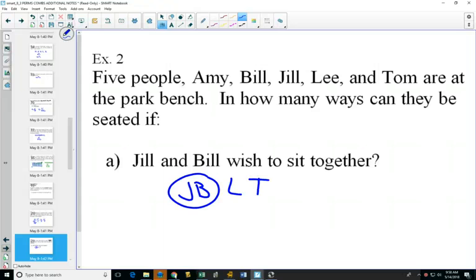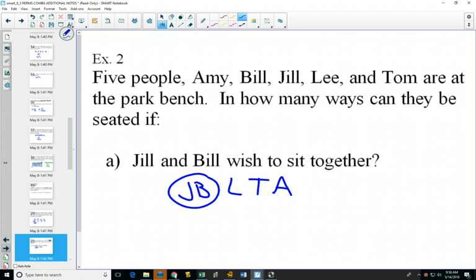We still have Lee, Tom, and Amy. And so if we deal with this as a grouping question, the first question we have to ask is how many groups are there? And the number one mistake in this one is to say 2 groups, because you've got Jill and Bill and the rest.